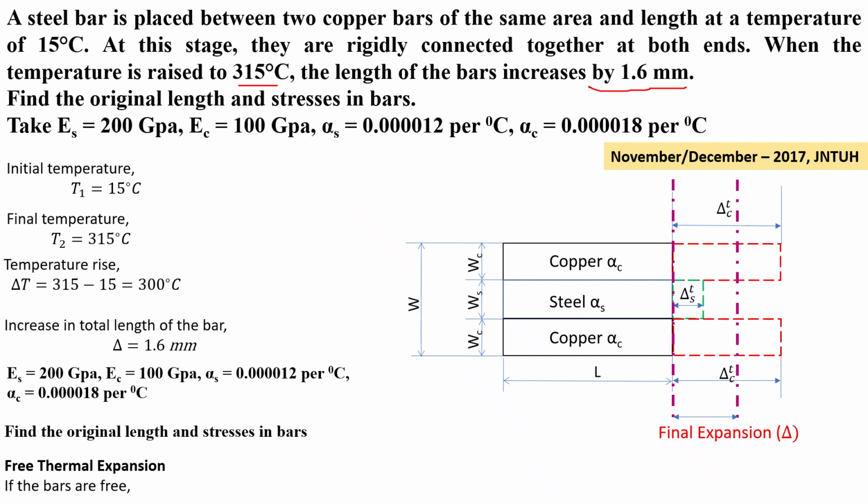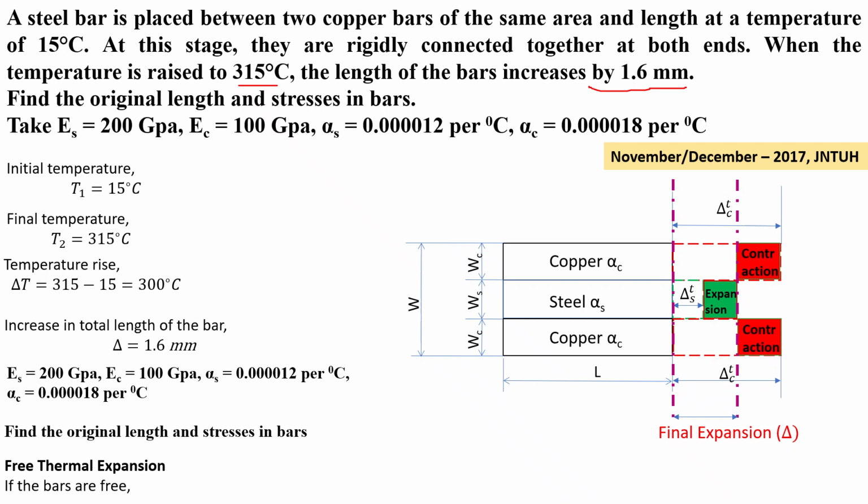So here the final expansion delta is equal to the expansion of the copper bar, which is equal to the expansion of the steel bar, because the steel bar and copper bar are connected together. So these act as a composite bar. So the expansion of both the materials is equal, and that final expansion is delta.